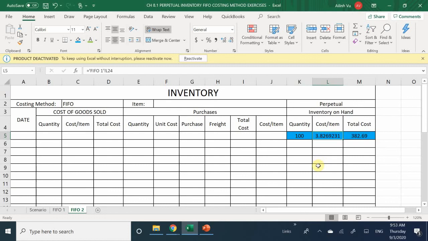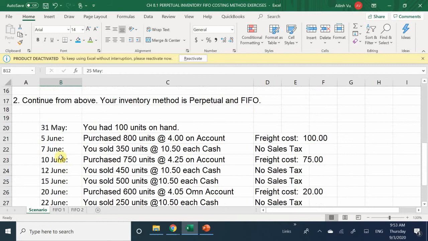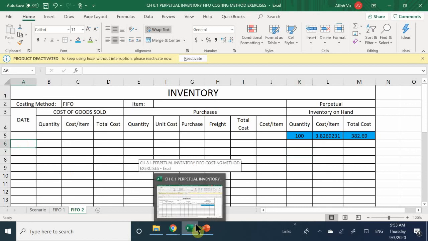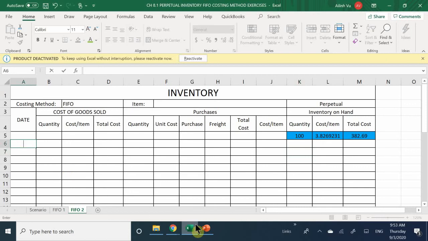All right. So what has happened now? Let's go back to our scenario. What happened on June 5th? Purchase of 800 on June 5th at $4 each, with the cost of 100. Okay, so we put that in the middle, on the quantity. Hold on, let me do the date first. So June 5th, 6/5.